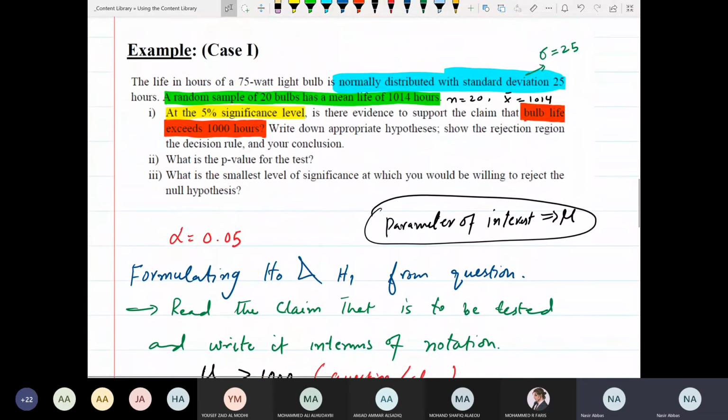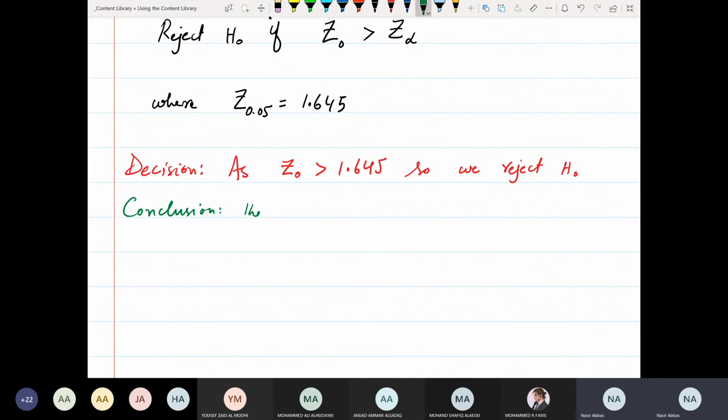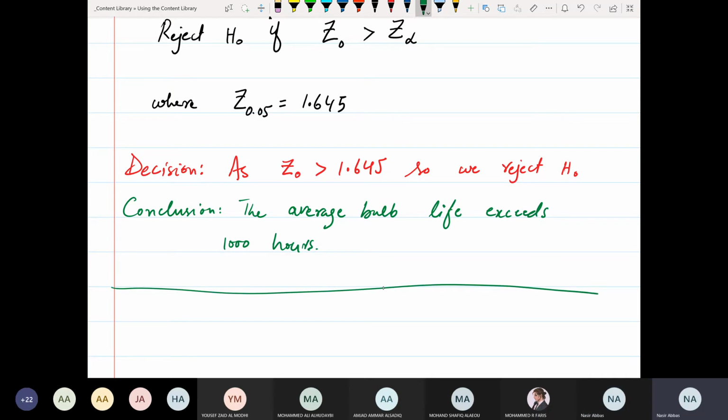The claim is that the bulb life exceeds 1000 hours. So you will say that the average bulb life exceeds 1000 hours. This claim is actually true. This completes the solution.